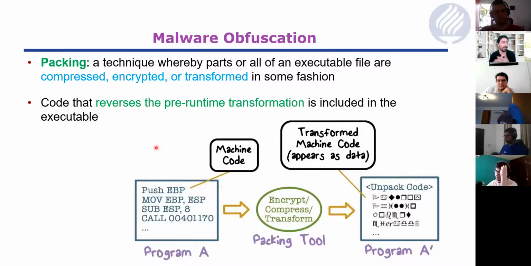Most of the malware that comes out every day, tons of them, comes out packed, okay? So part of it, or all of it, becomes compressed, encrypted, or transformed in one way or another. That's why when you look at it, you don't see executable machine code.